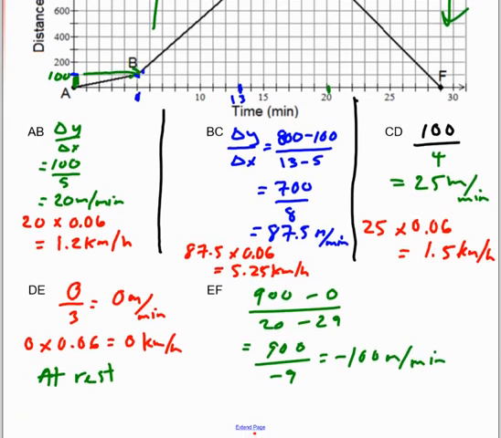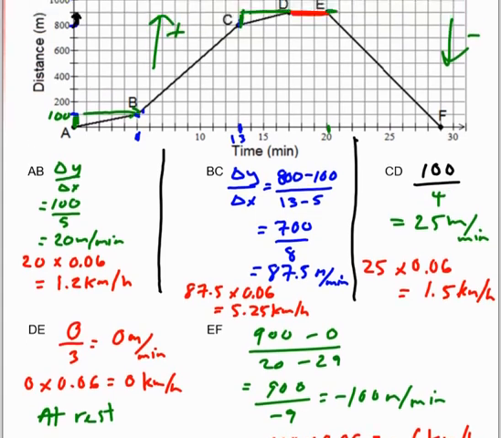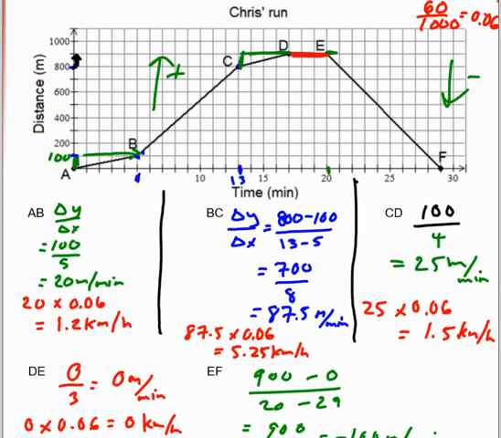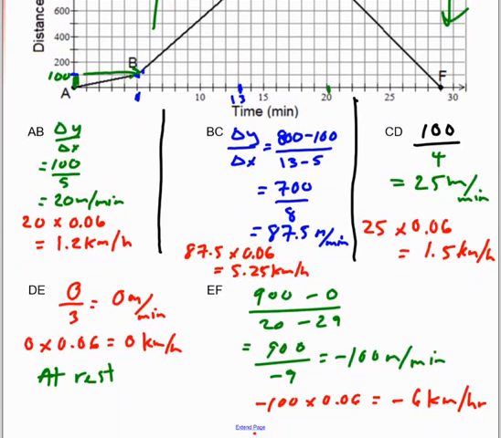We're going to multiply our 100 times 0.06, and we get 6. Don't forget the negative. 6 kilometers per hour. He's going faster. So to get home, he went faster. He must be finding that extra gear, as they say, in running.